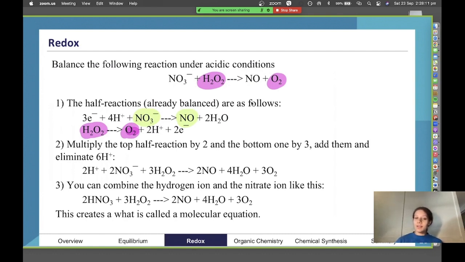Once we've combined, the equation looks like that. Then we can also combine the hydrogen ion and the nitrate ion. I wouldn't be too fussed about that in an exam, but that's if we wanted to write it as an actual molecular equation where we don't have ions just floating around. They would usually bind together.